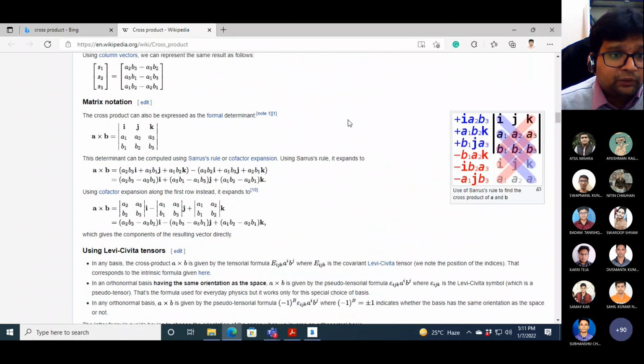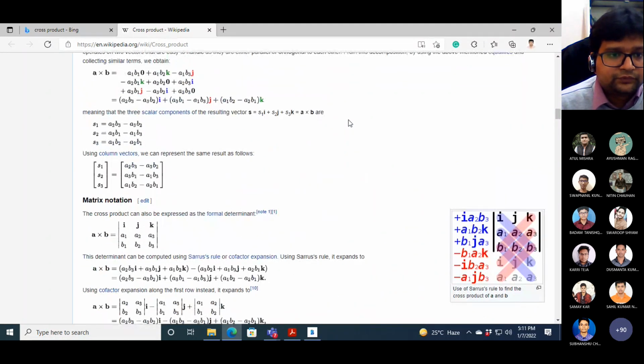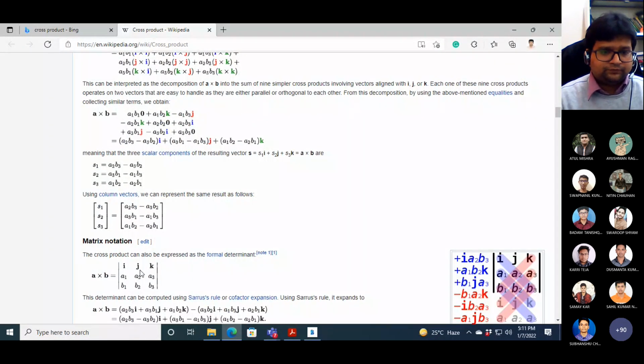Now, to find the cross product, there are two ways. The first one is this one.